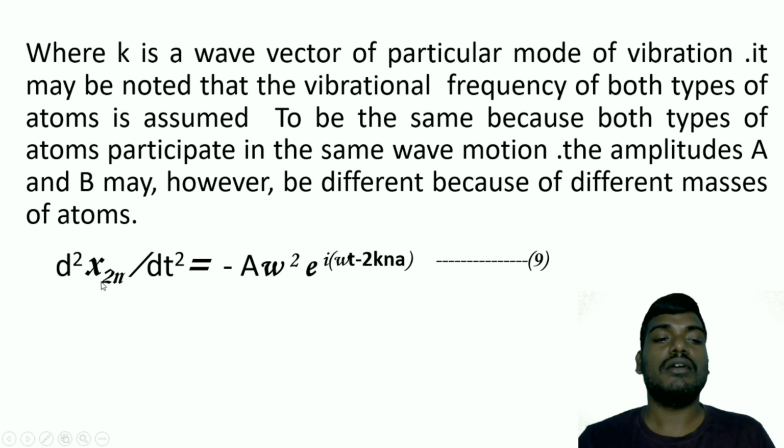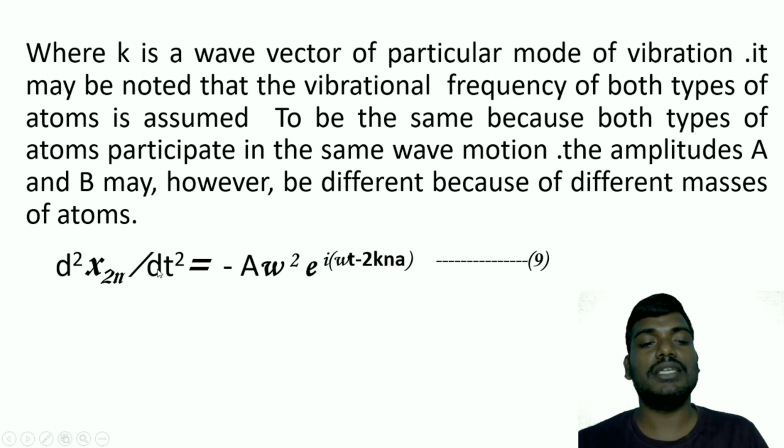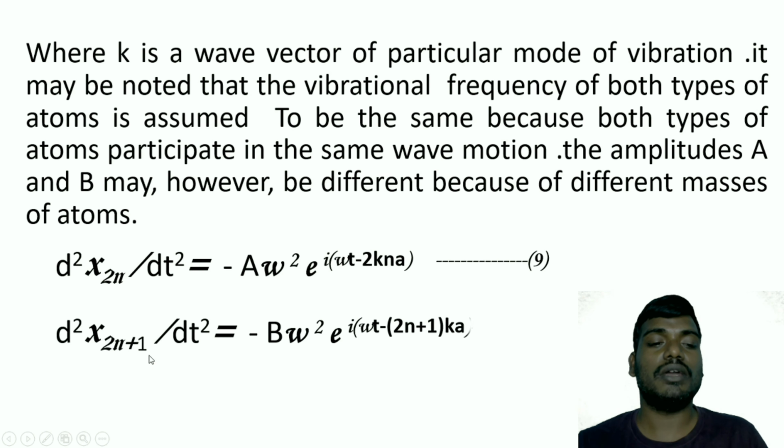Then we differentiate two times, that means d²x_{2n}/dt² equals i²ω² from the front of the A. i² is equal to minus 1, and ω² we write as it is. Then similarly for 2n+1, d²x_{2n+1}/dt² is equal to minus B ω² e^{i(ωt − (2n+1)Ka)}. Equations are named as A9 and A10.